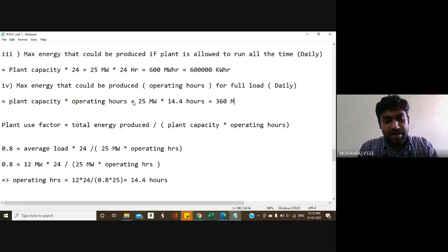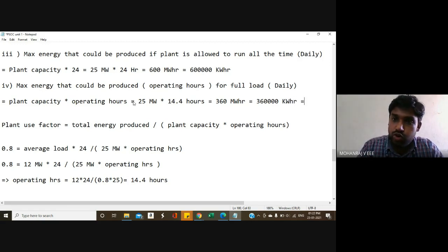We got the value as 360 megawatt hour, right? If you want to convert this into kilowatt hour, it becomes 3,60,000 kilowatt hour. It can be written in units also.